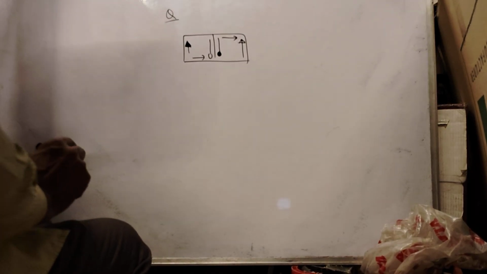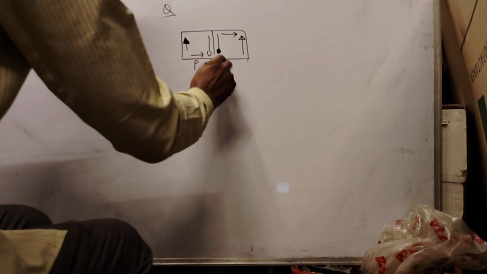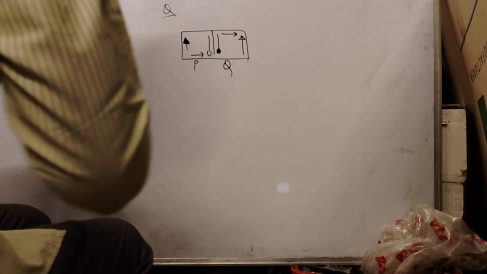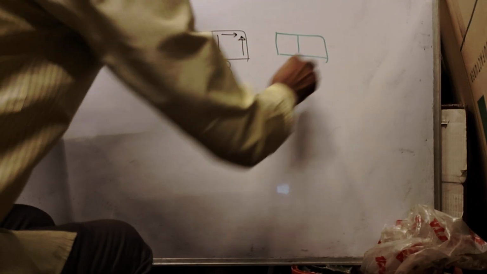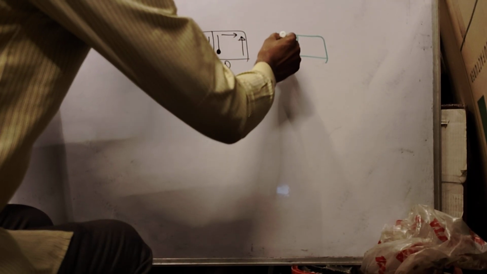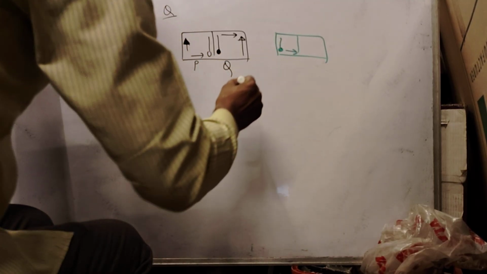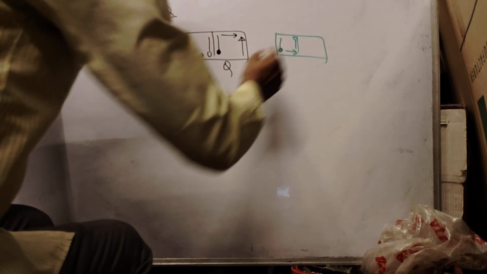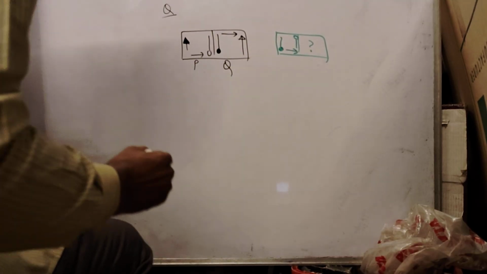So this is the certain relationship between P and Q. And we have to identify the next figure. Similar pattern. Here is dark, then arrow, then hollow. So what comes in the next figure?